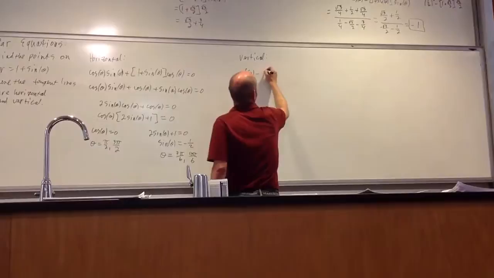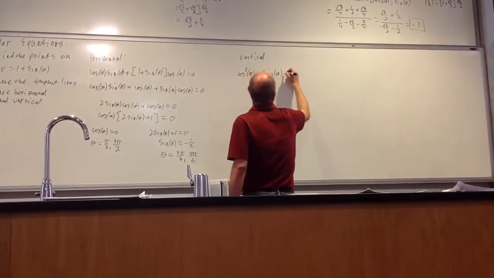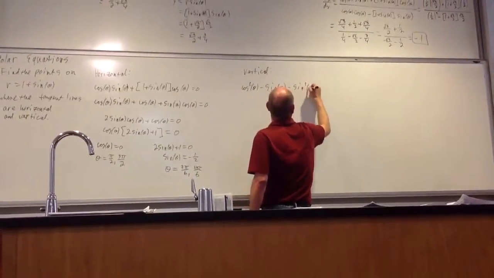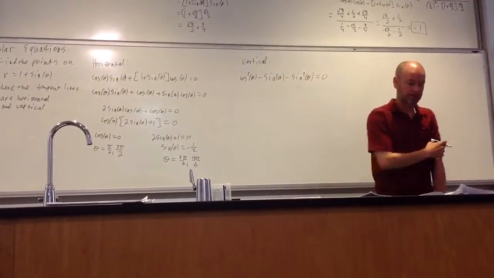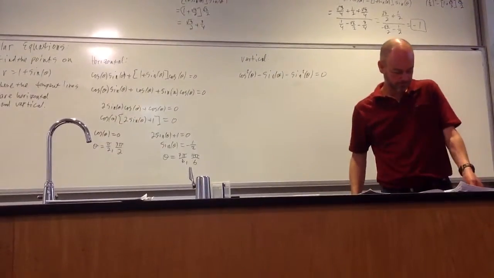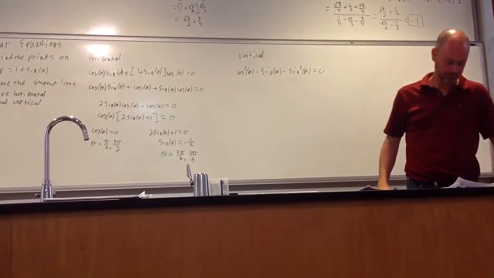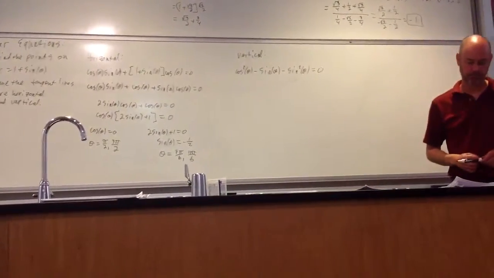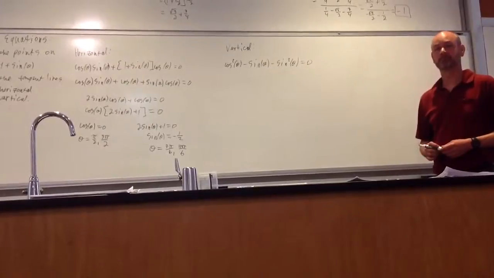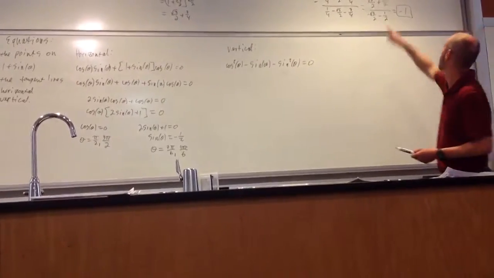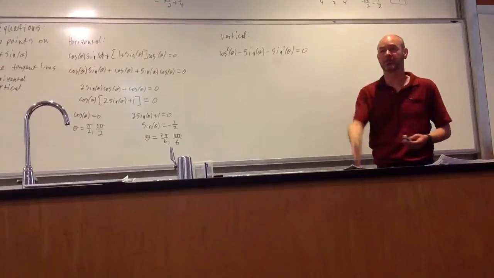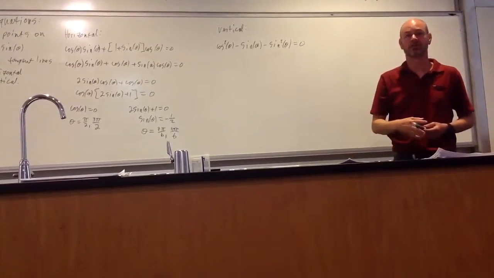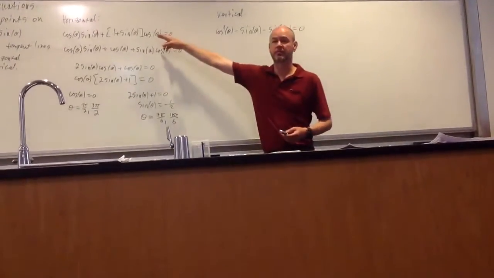Isn't it just 1 minus sine? The denominator is cosine squared minus sine squared, isn't it? That denominator is equal to 0, so that's undefined. 1 minus sine is the numerator.